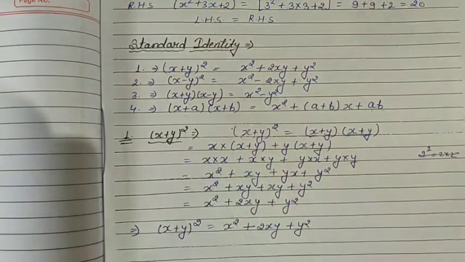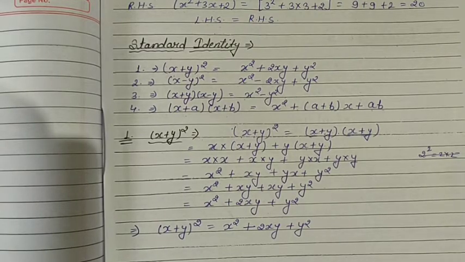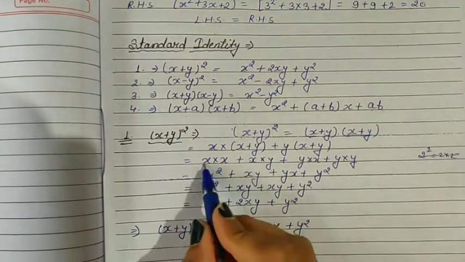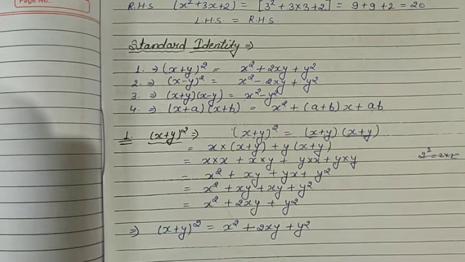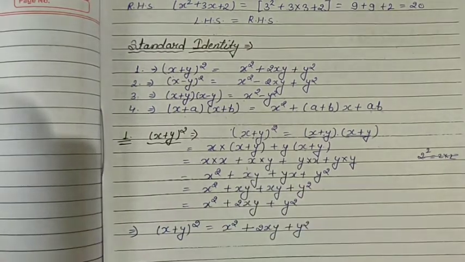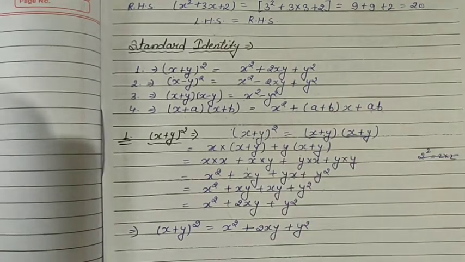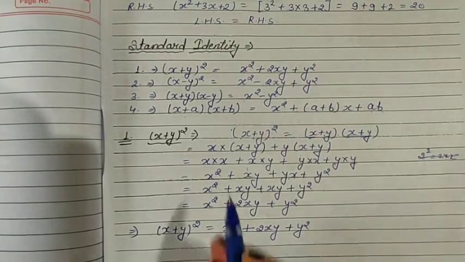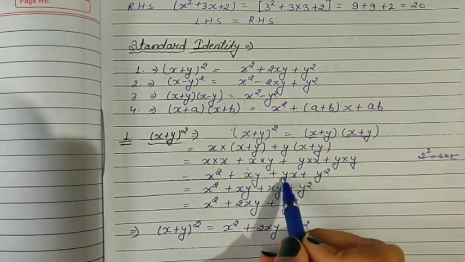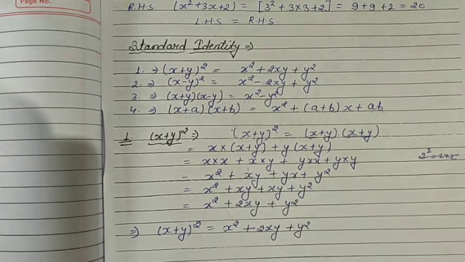This is the distributive property of multiplication over addition, and we did it. So x × x is x², x × y is xy, y × x is yx, and y × y is y². So x² + xy + yx + y².